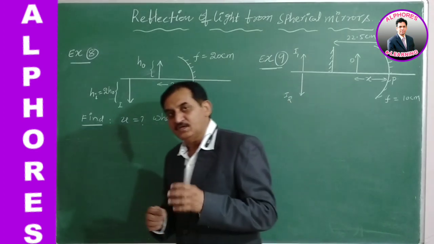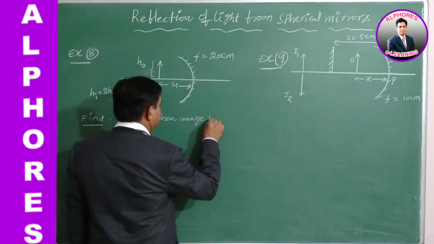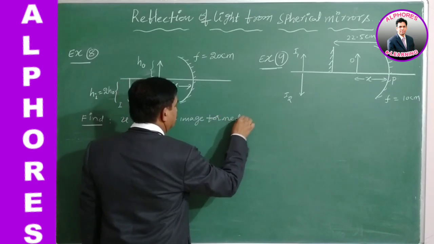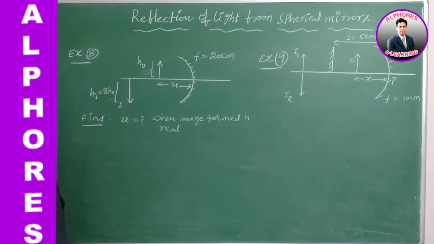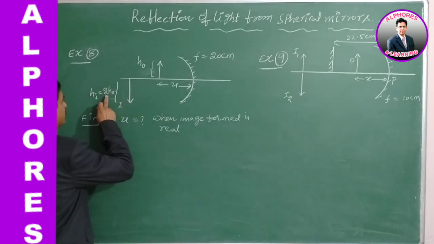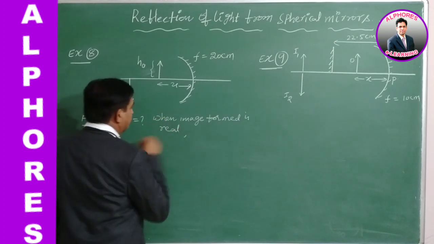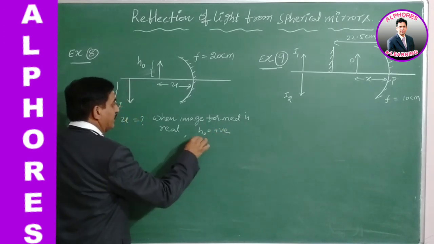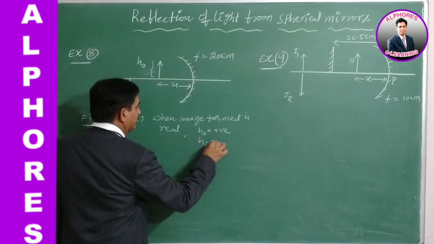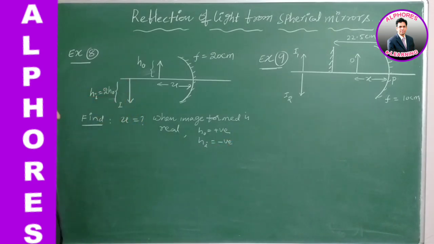First one is, if the image formed is real. Then, as shown in the diagram, a real image is formed, and its size is double the size of the object. Therefore, taking the sign conventions, h0 is taken to be positive and hi is taken to be negative, because it is below the principal axis.